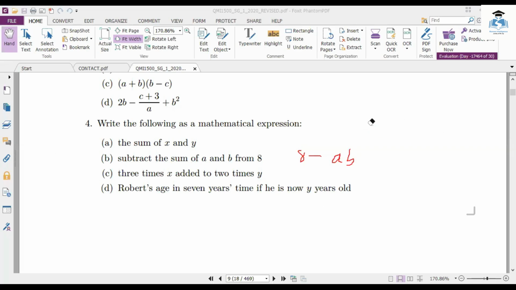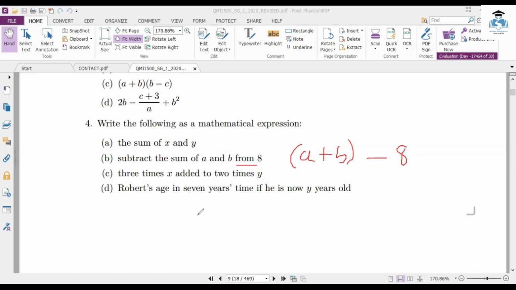Yes, they say subtract the sum of A and B, which means we first add A and B inside the bracket, then we subtract it from 8. But here it says from.